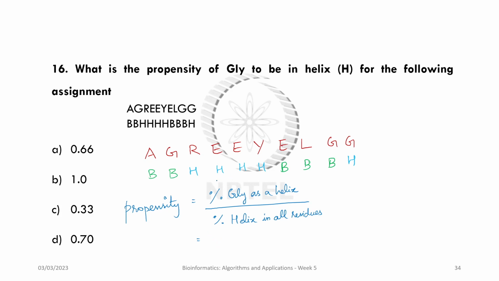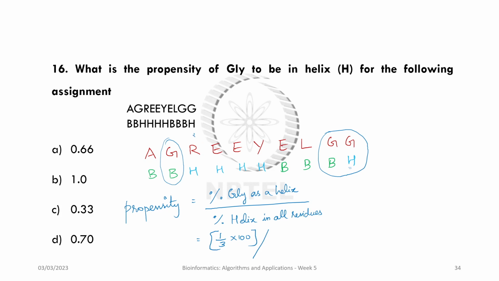So let's do the numerator first. So where all we have glycines, 2 here and 1 here. So out of 3 glycines, only 1 is in helix, right? So percentage will be 1 by 3 into 100. This is for just the numerator, divided by percentage of helix in all the residues.